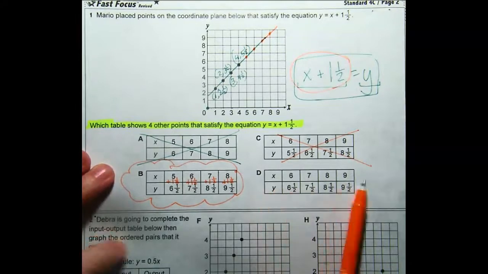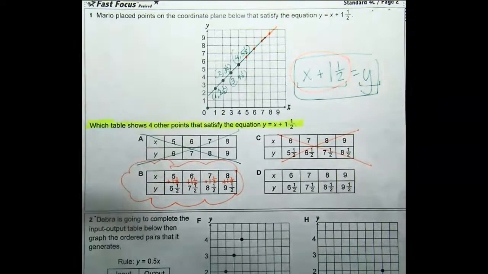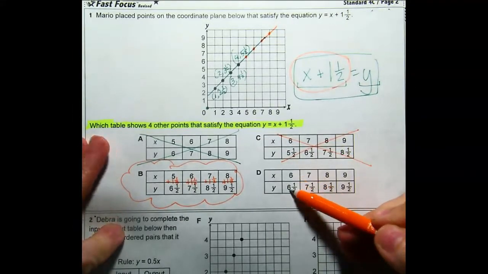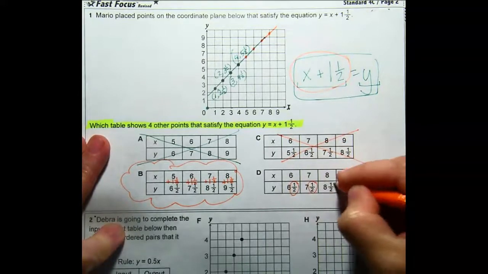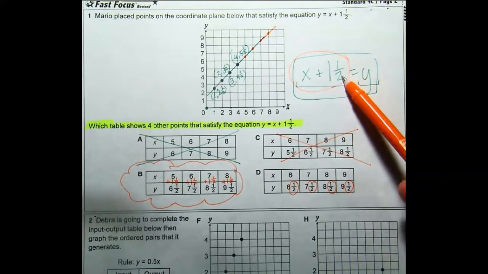Now, if we look at this, this table shows an increase, but is it an increase of 1 whole and a half? Well, if this is 6 and then this is 6.5, aren't we only going up by a half in each of these values? We're not going up by 1 1/2.